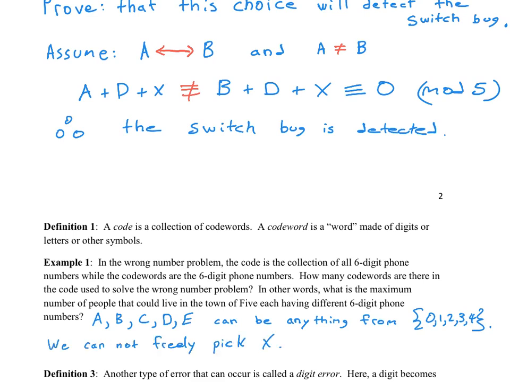So how many phone numbers do you get? Well, there's 5 choices for A, 5 choices for B, C, D, and E. So there's 5 to the power 5 phone numbers. Or in the wording of coding theory, there is 5 to the power of 5 code words in this code.